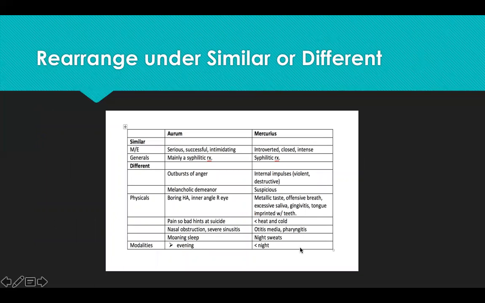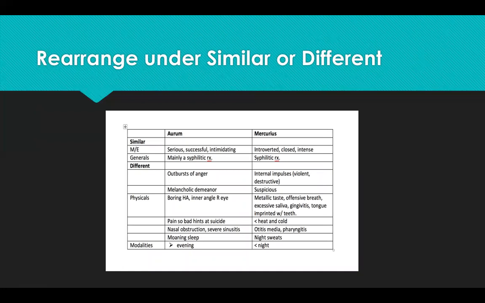And what about physicals? Oh, we've got those night sweats and moaning in the sleep. And we've got sinusitis for Aurum, and pharyngitis and otitis media for Mercurius, and boring headaches for Aurum, those horrible headaches. And then Mercurius, characteristic of Mercurius is this metallic taste and offensive breath and excessive saliva.